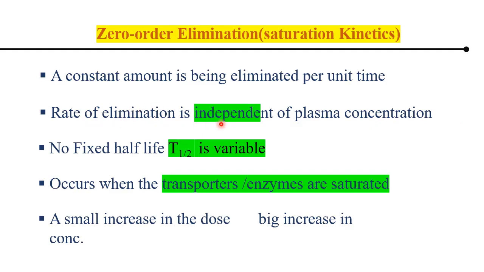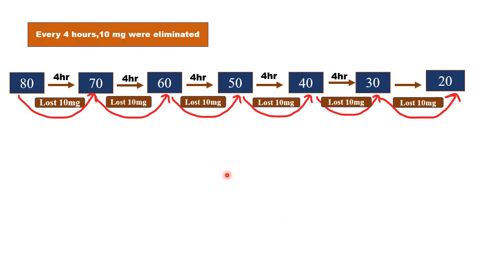And the rate of elimination is independent of plasma concentration in zero order, or saturation kinetics, whereas in first order the rate of elimination is dependent on plasma concentration. We can see here every 4 hours 10 mg of drug was eliminated. See, every 4 hours only 10 mg, 10 mg, 10 mg, 10 mg. So it is independent of plasma concentration.